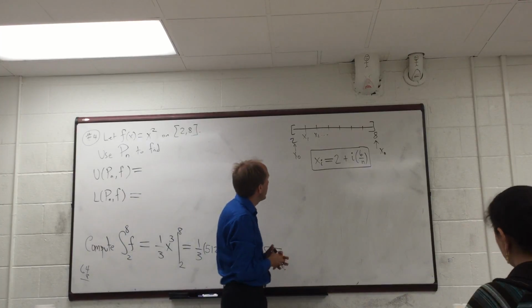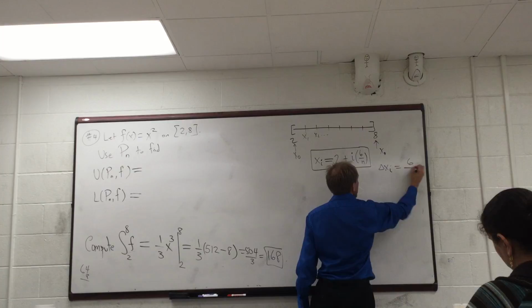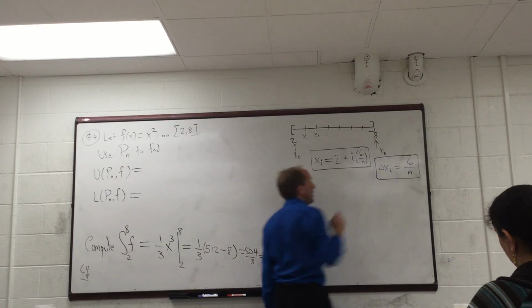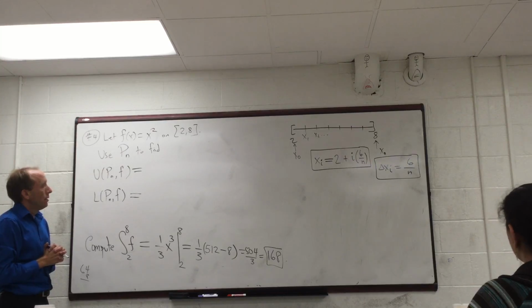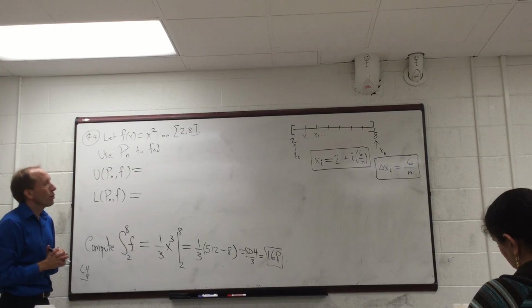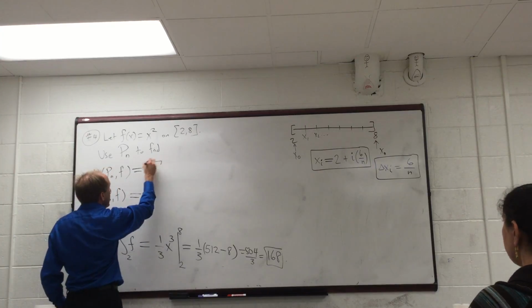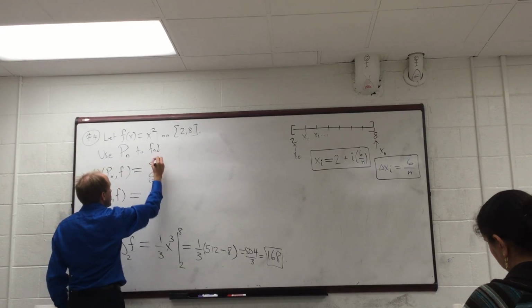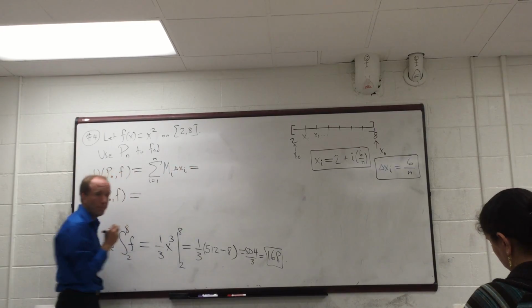Just check that works, right? So our delta xi is just the 6 over n part, right? b minus a over n. We have those values there. Okay, so for example, when I'm doing my upper sum here, this is just the summation of big Mi times delta xi.